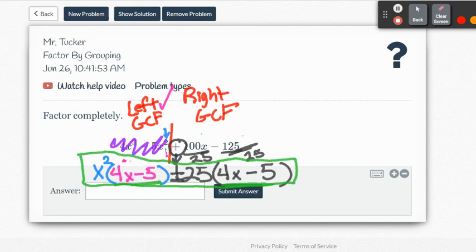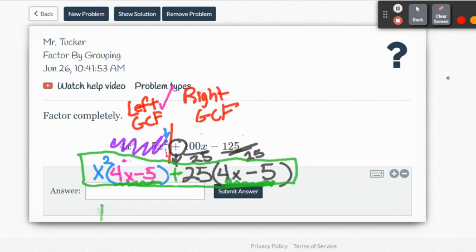And what always happens afterward is you look, if it's done correctly, I'm going to make that a plus sign. It looks like a plus minus. If you've done things correctly, and if it's going to factor using the grouping method, there will be a greatest common binomial factor here, and there is. Both of them have a 4x minus 5.